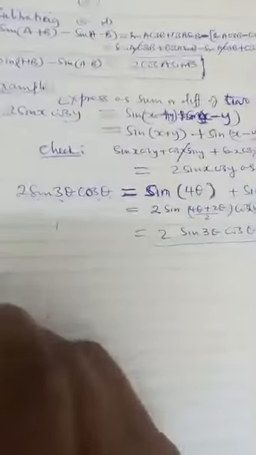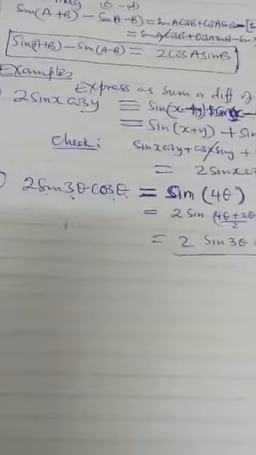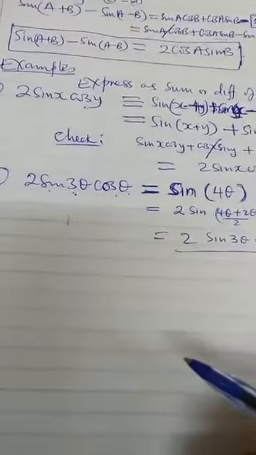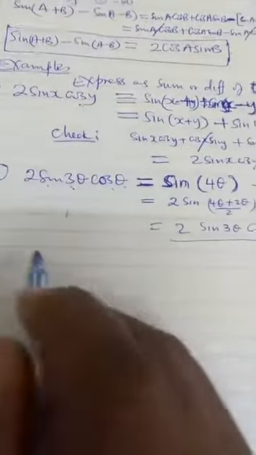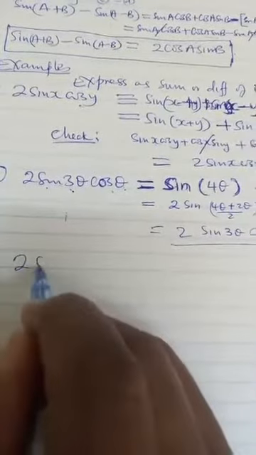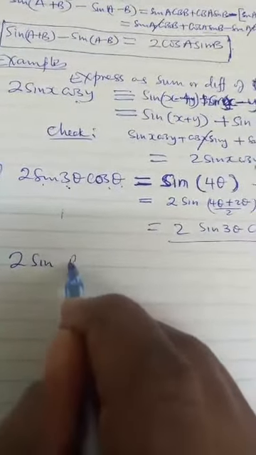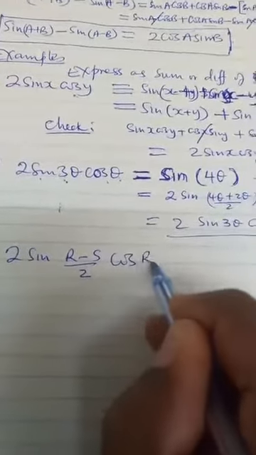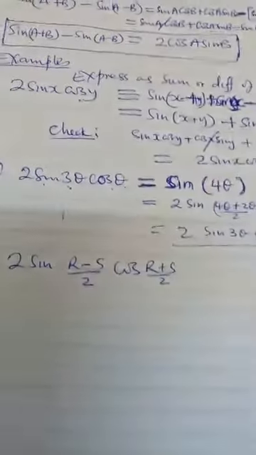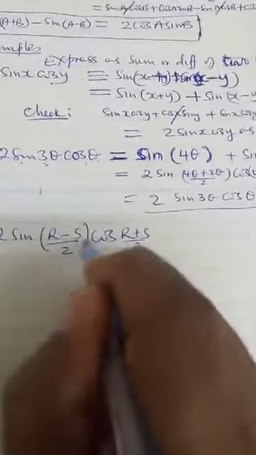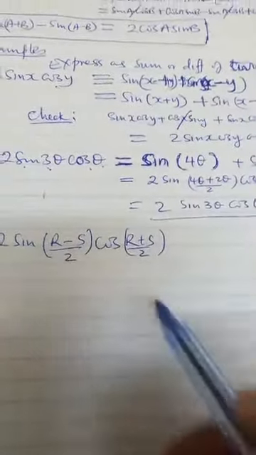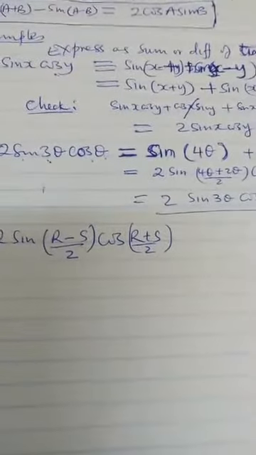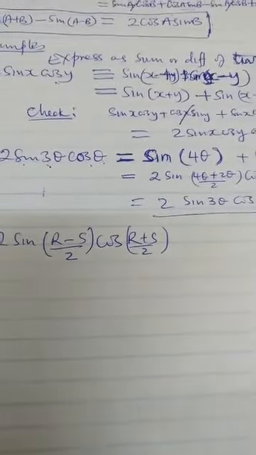I also try out one more, which means I will be leaving you just a few to try out. They say 2 sine of (r minus s) out of 2, cos of (r plus s) out of 2. I said as long as we have sine cos, the expansion must be a sine plus a sine.